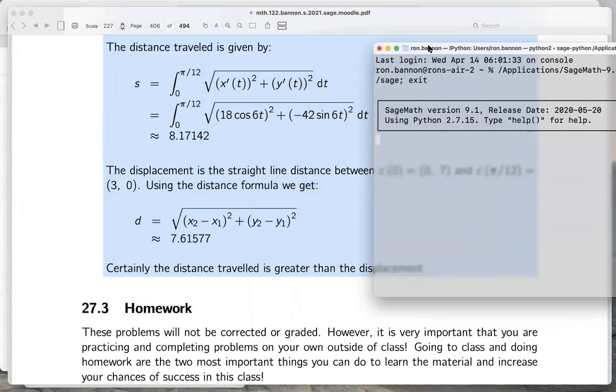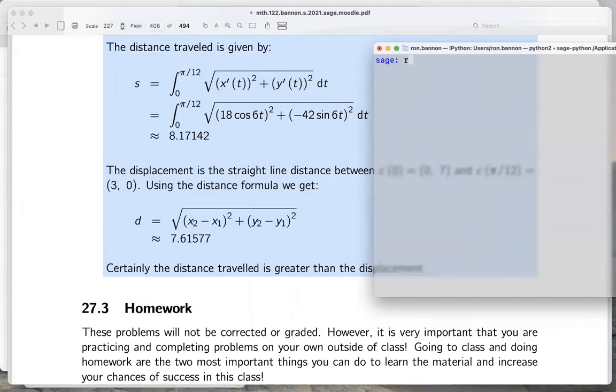Okay, I'm launching Sage now. Let me clear the screen. I'm going to do reset. I'm going to say t is a variable. Then I'm going to type in the integration, integrate. Remember, if you make a mistake in Sage, it's not going to blow up or freeze your machine.